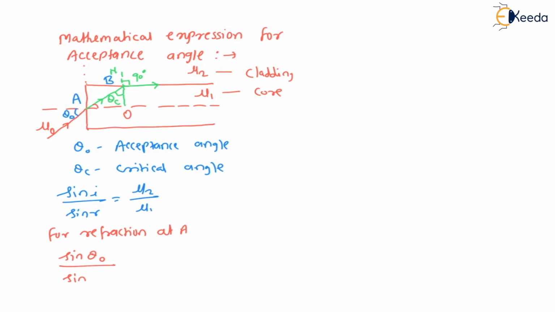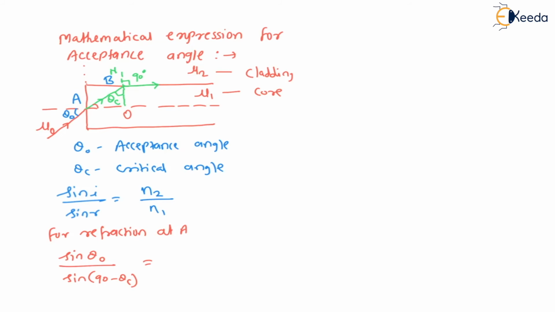So here we can write this as sin theta naught upon sin of 90 minus theta c equal to mu 2, that is the refractive index of the second medium. Or, to avoid confusion, we will use the notation n2 upon n1, because we have already used the symbols mu 1 and mu 2.